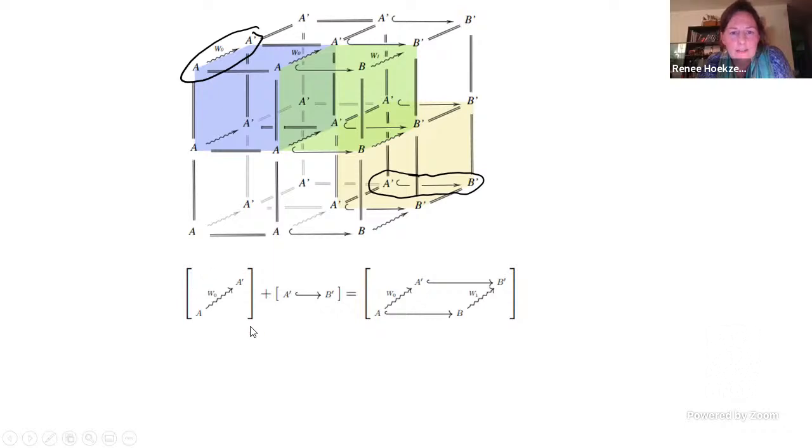And I get that the class of this cobordism, which is the blue cube, plus the class of the yellow cube, equals the class of the whole cube, which also corresponds to the green one.